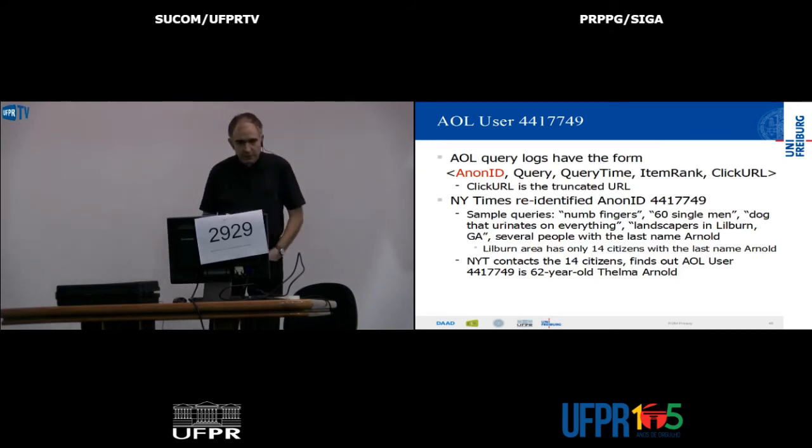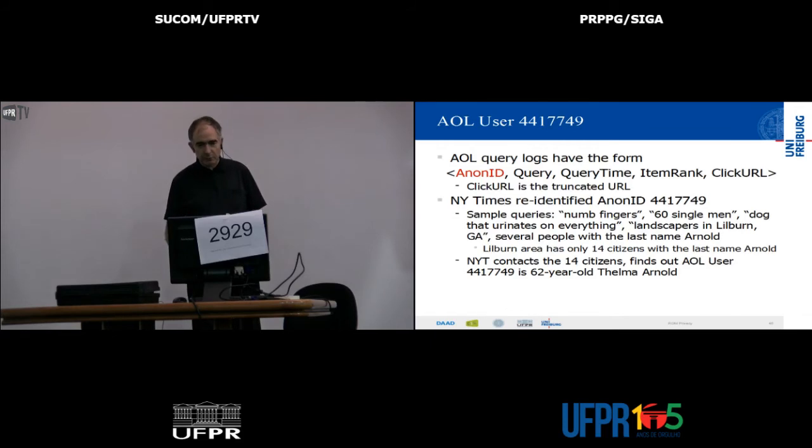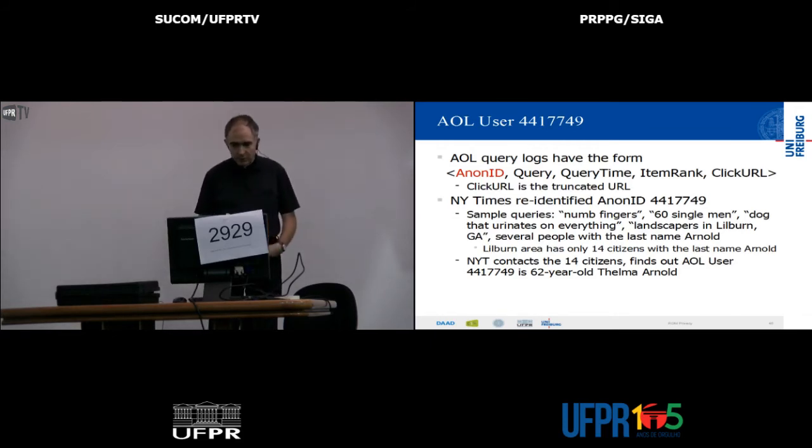And the New York Times then found this anonymous ID, because the sample queries by this ID were numfingers, 60 single men, about dogs, landscapers in Lilburn, Georgia. Interesting. About Arnold.